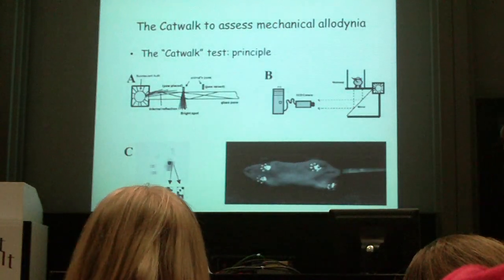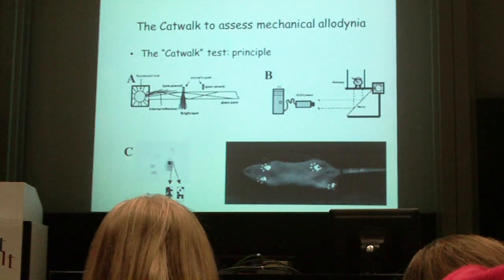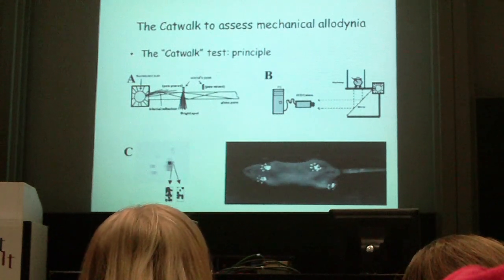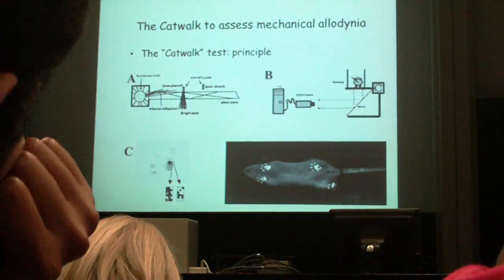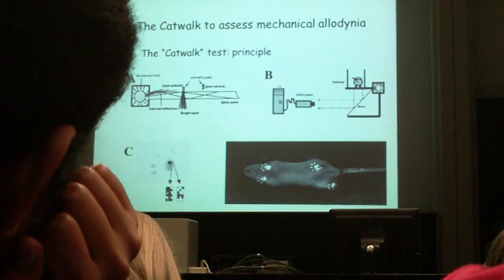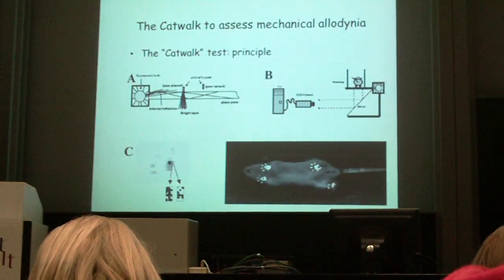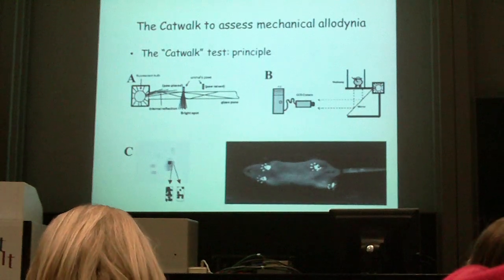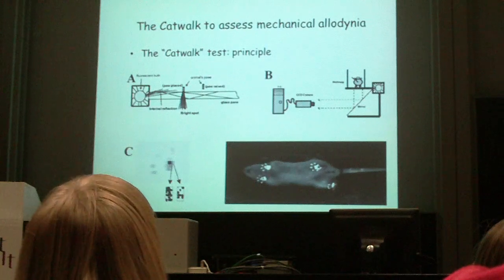In addition to that, we developed together with a company in Holland another test system, a more objective test system, we think. It's called the catwalk. Should have been named the rat walk, but you can see we put animals on a glass plate. Here's the glass plate. And light is sent into the glass plate.